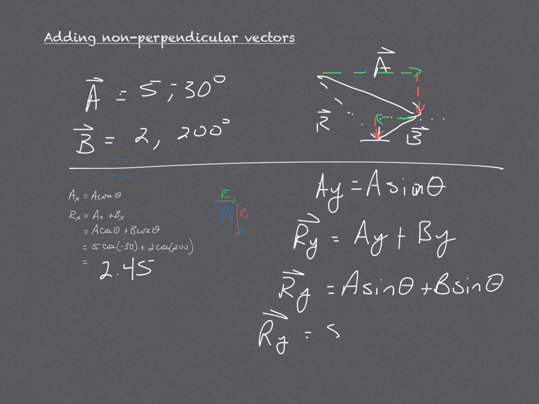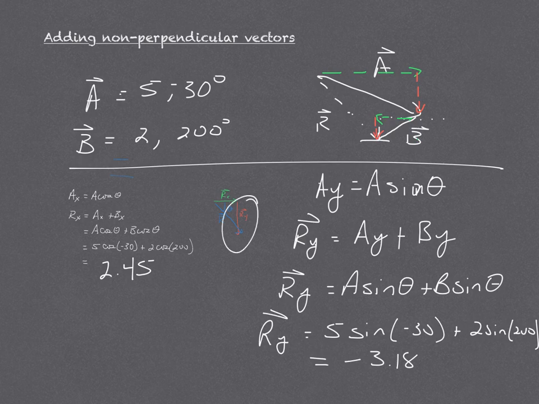It's going to look the same as the other, except sine is in place of cosine. Squeeze it in. And we get negative 3.18. Now that makes sense because on that diagram, both of those y components point down. So our resultant has to point down, our y has to be negative.